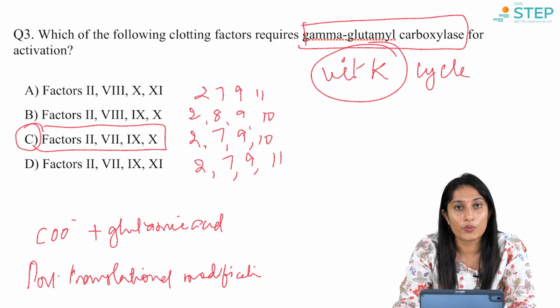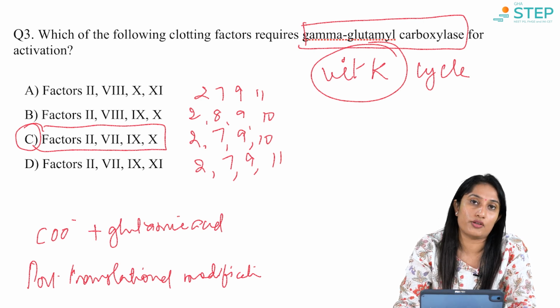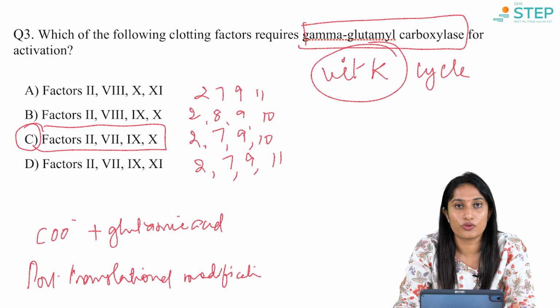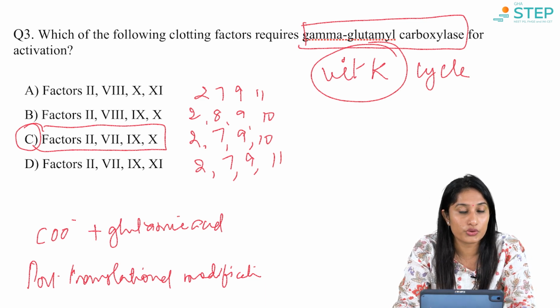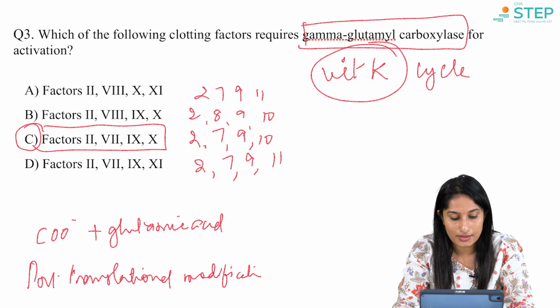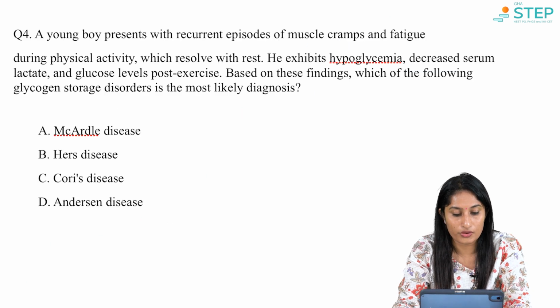In this case, we are going to add a group, that is the carboxyl group. So, vitamin K plays a major role in this kind of carboxylation. So, gamma-glutamyl carboxylation, and the factors that are activated through this vitamin K cycle are factor number 2, 7, 9 and 10. Alright.